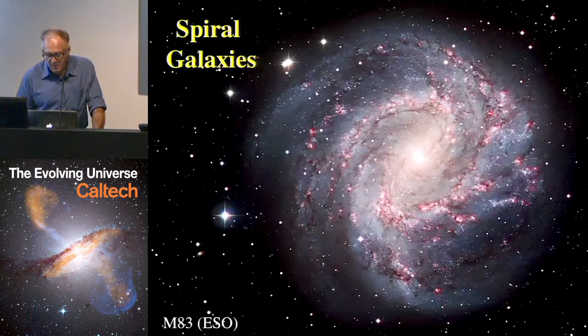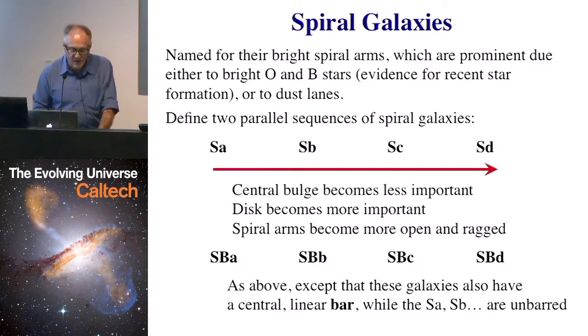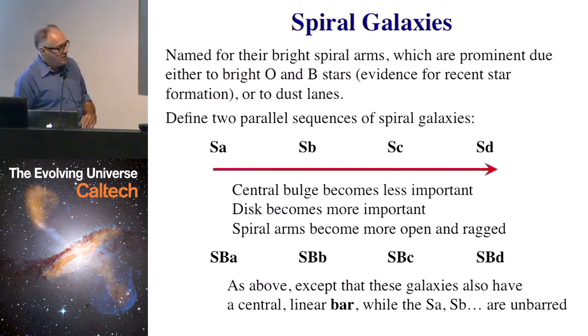Spiral galaxies, well, we covered that at some level when we spoke about the Milky Way and spiral structure. That is the defining characteristic. And there is actually an interesting correspondence between Hubble types and real properties of galaxies. So there are these two sequences that are in parallel, one with bars, one without.